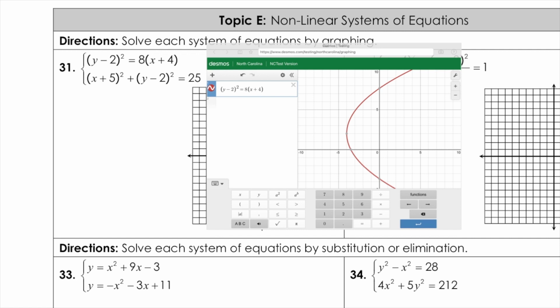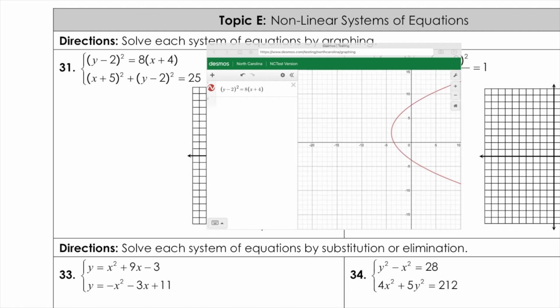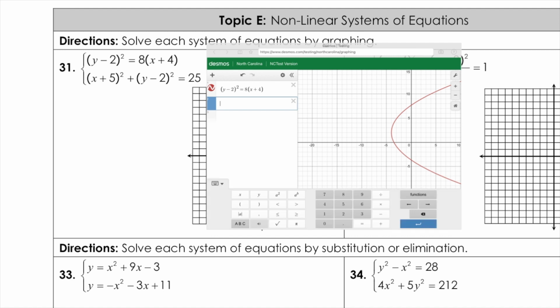You have a hyperbola-like shape going on here, just one side of it. And the second part of your system is x plus 5 squared plus y minus 2 squared is equal to 25. So the circle.